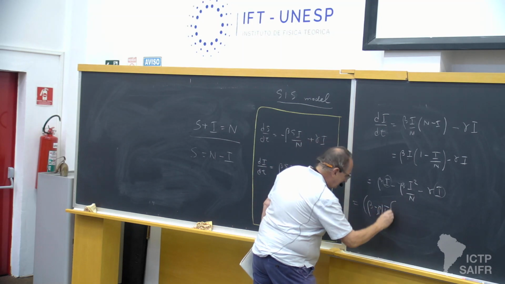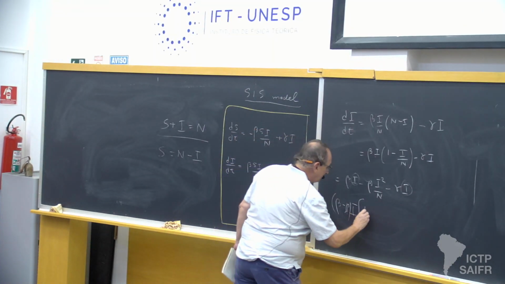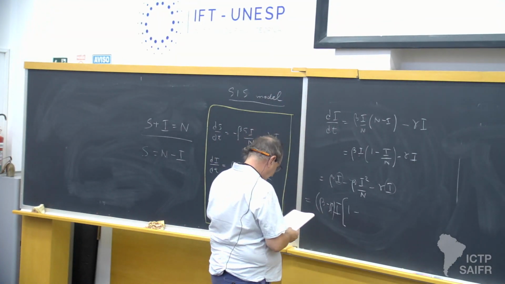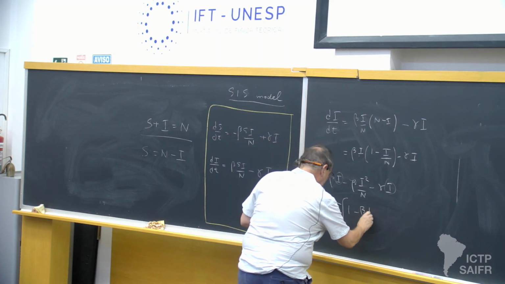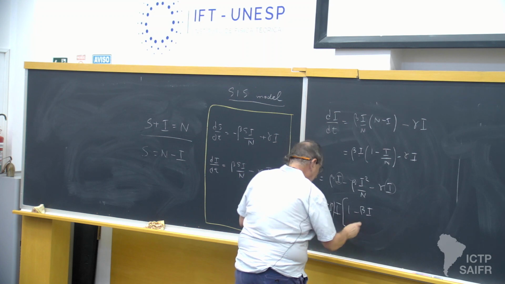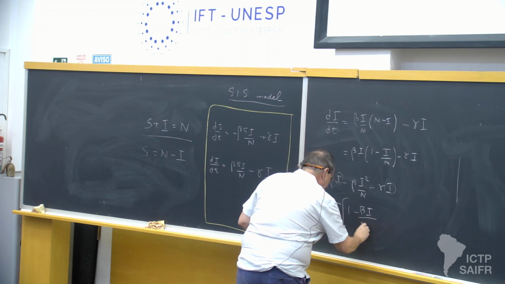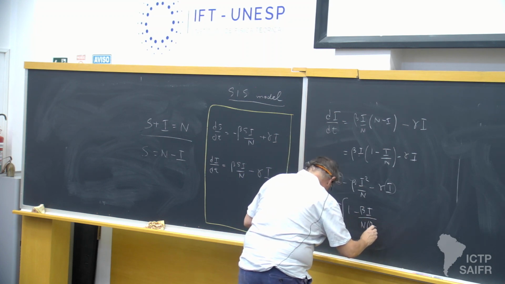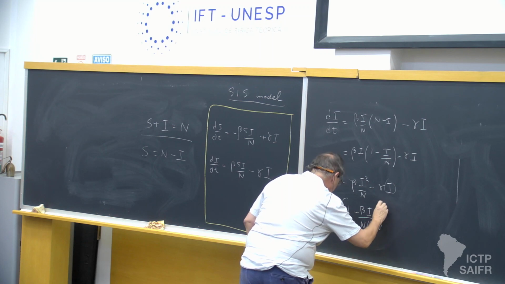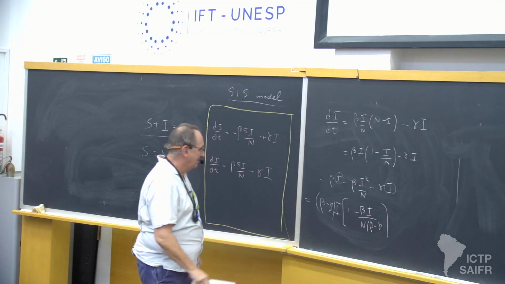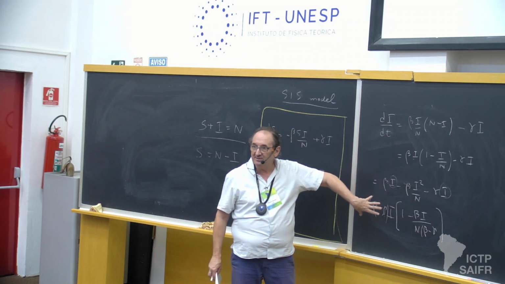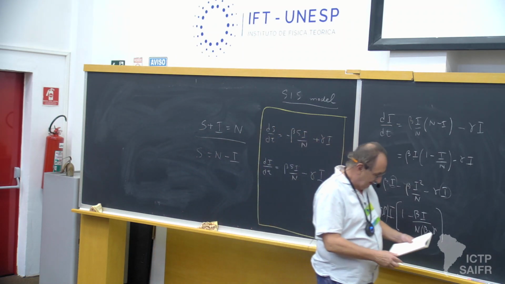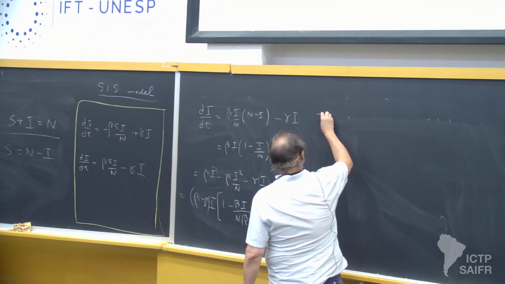And then you can write this in the following way: 1 minus beta I divided by N times beta minus gamma. So this is just rearranging this equation.